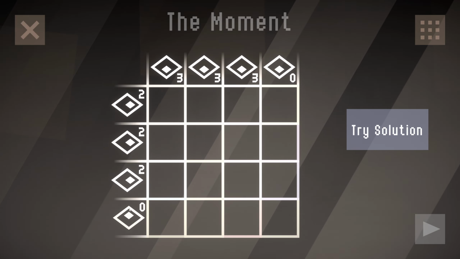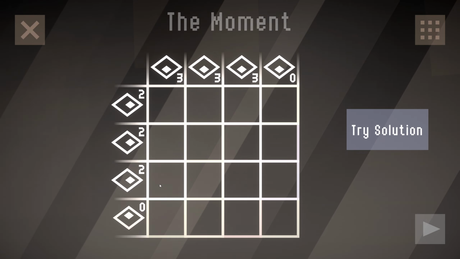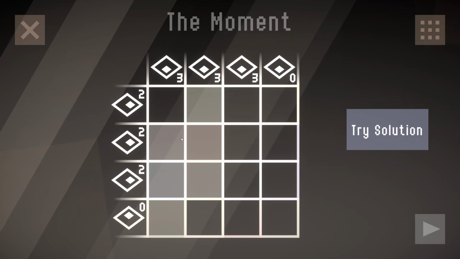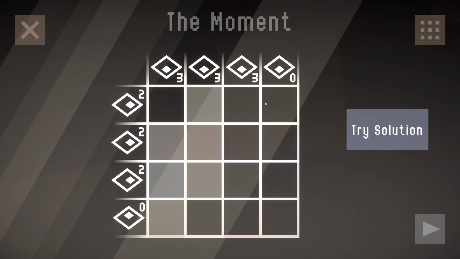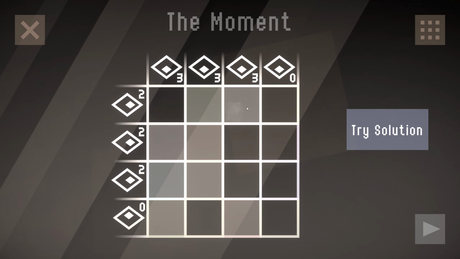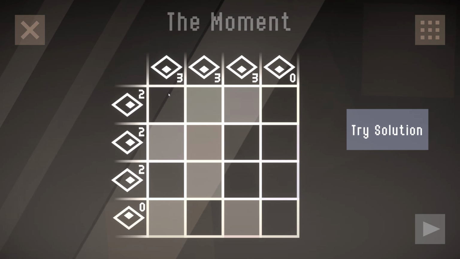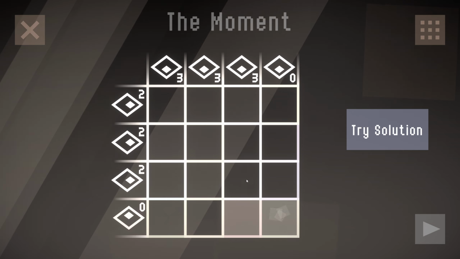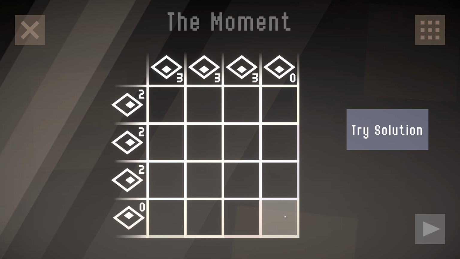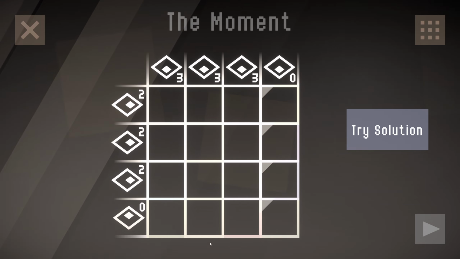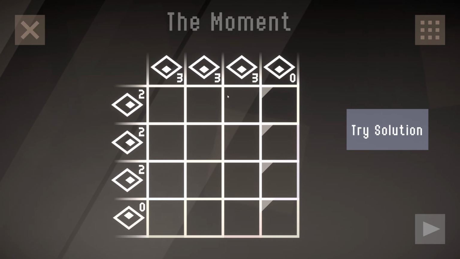This 0 is a lie. So, if that 0 is a lie, how can we do this? If the 3s across the top have to be accommodated for, this has to be 0. And these need 2 apiece.